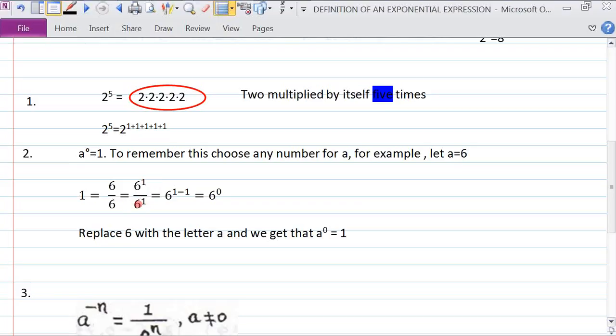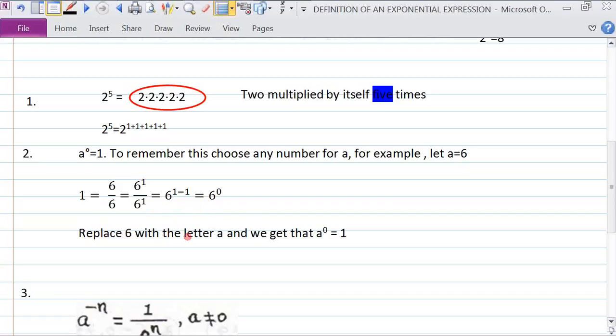We're going to get into that a little later, but when I move a number from the bottom to the top, I move this 1 up to the top here, and in doing so, its sign changes. So 6 to the power 1 on the denominator becomes 6 to the power minus 1 on the numerator. 1 minus 1 is 0, so 6 to the 0 is 1.